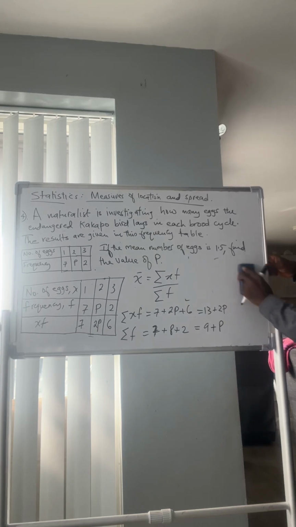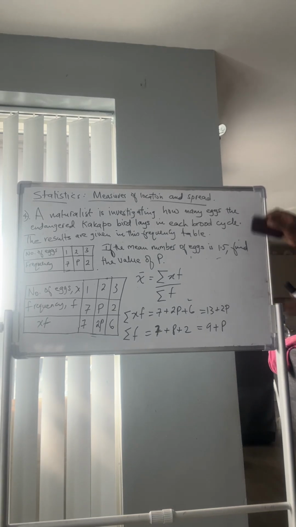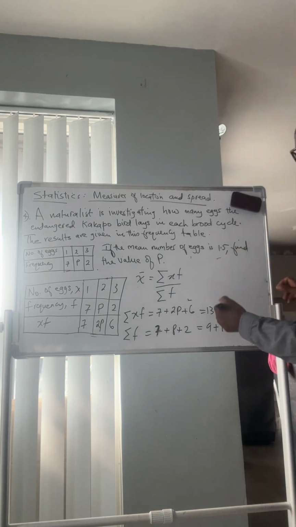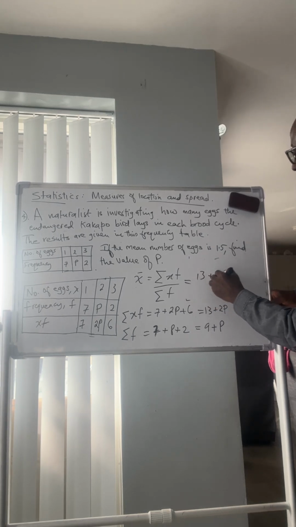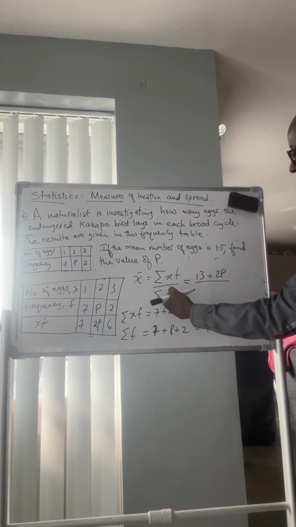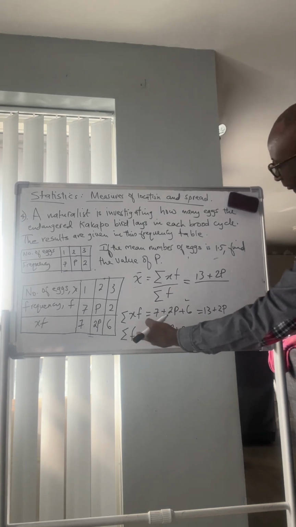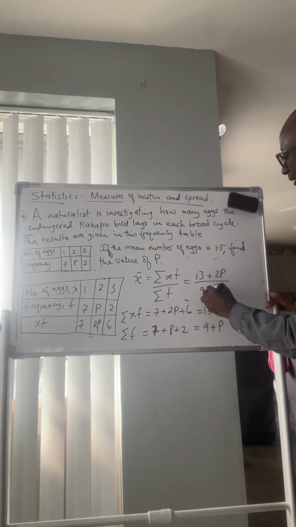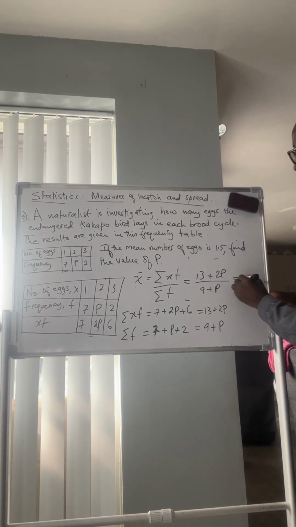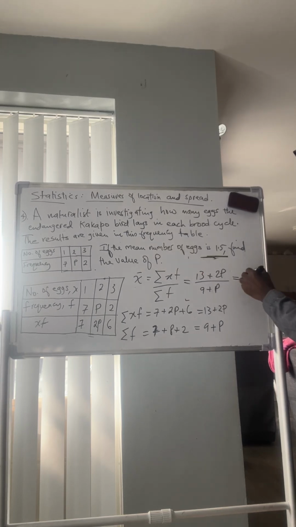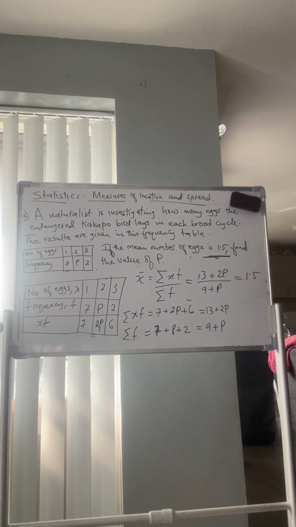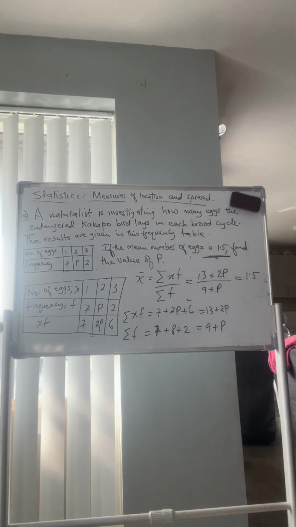Right? So now let's see what we have here. We have this formula, which is telling us 13 plus 2p divided by sigma f, which is 9 plus p, and all this equals the mean we are given, that is 1.5. So what is left now is simple algebra.